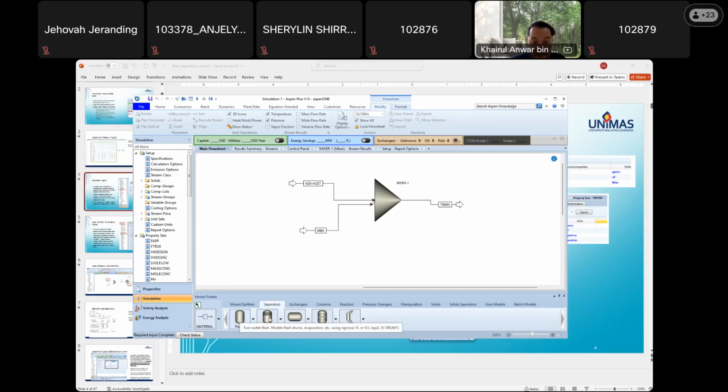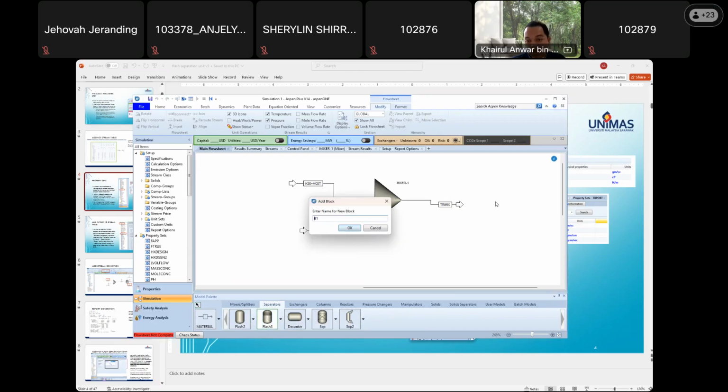For this case, we use Flash 3, VLLE. Click here, flash, Flash 3, 1.